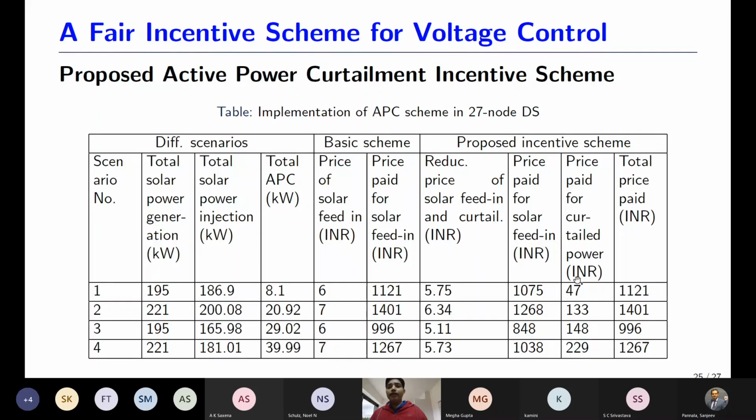Its cost is 47, and it is 1075. So the total cost is 1121, and it is the same previously without a scheme and with the scheme. It shows that it does not increase the burden on the utility.